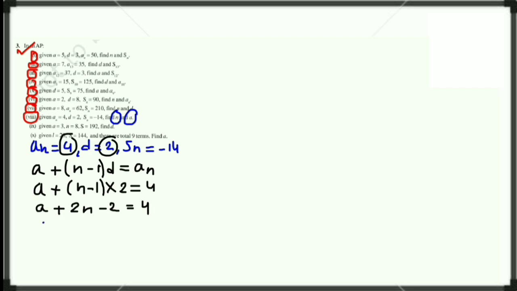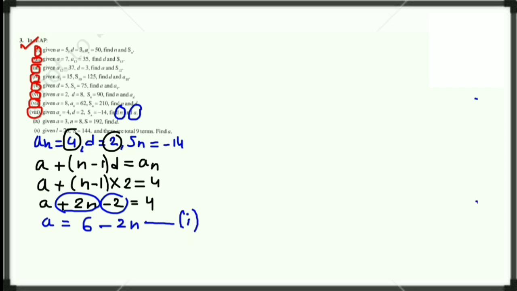Now a equal to, okay, here firstly this minus 2 goes to RHS and becomes plus 2 and will be added to 4, then we obtain 6, and this plus 2n also goes to RHS and becomes minus 2n. So a equal to, here we have obtained 6 minus 2n. Suppose this is our first equation.